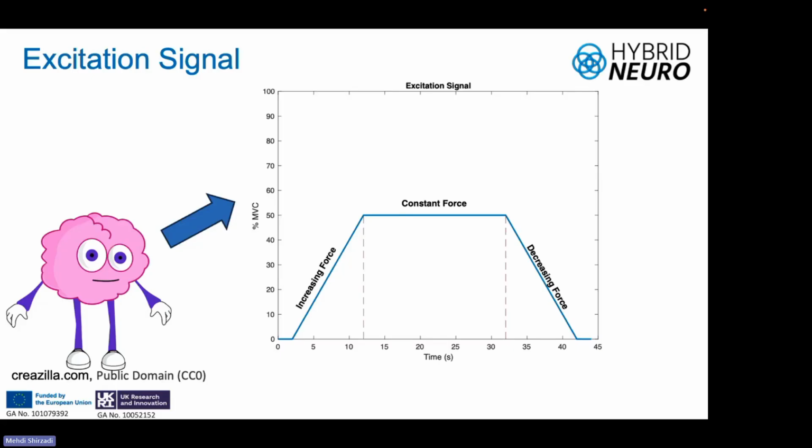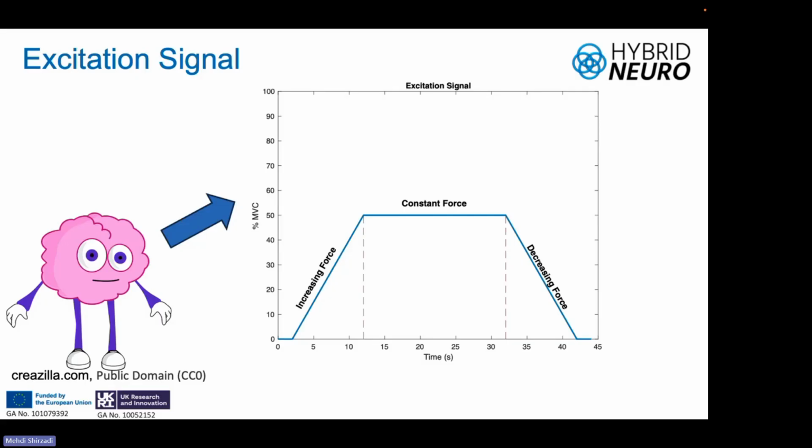At this 50%, the assumption in this type of simulation is that we don't have any more recruitment or de-recruitment, and the firing rate is not going to change a lot based on fatigue and all of these things. So this is important to know. And when we arrive at the end of the constant force, we have a de-recruitment process, more or less.